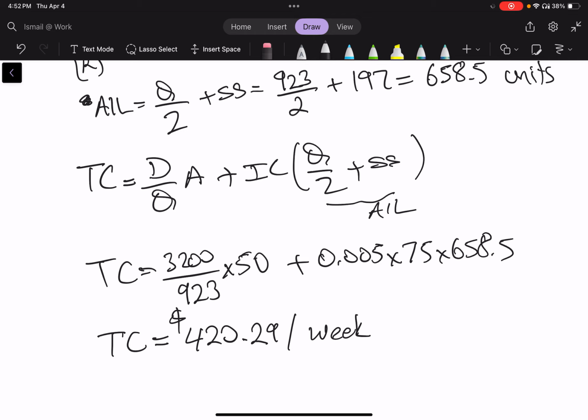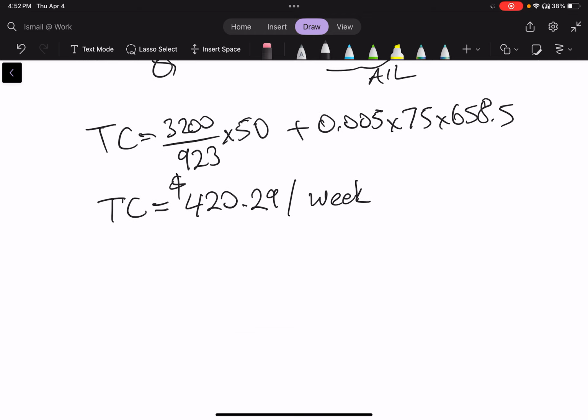So I know before and after cost. And if you remember, I said initially we were asked to calculate or quantify the benefit of consolidation. So I'm going to have before consolidation and after consolidation. And I'm going to look into two things. AIL, of course, the grand total AIL, not one warehouse before, but the total, and then the total cost.